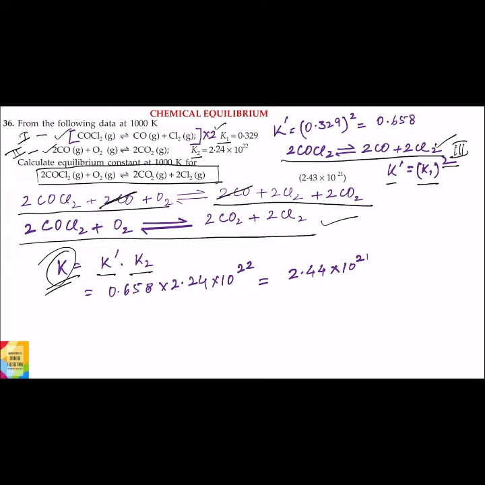So K is equal to K dash into K2. This is the value of K dash, this is the value of K2. On multiplying both, we get the value of the equilibrium constant for this reaction, which is obtained by adding equation 3 and equation 2. So the value of K is 2.44 into 10 to the power 21.